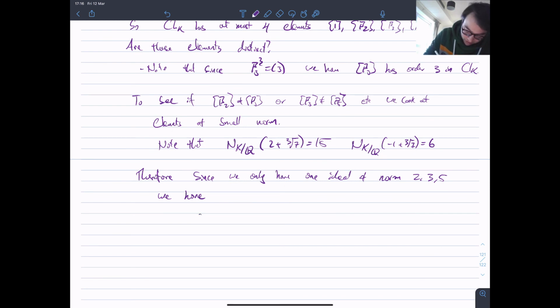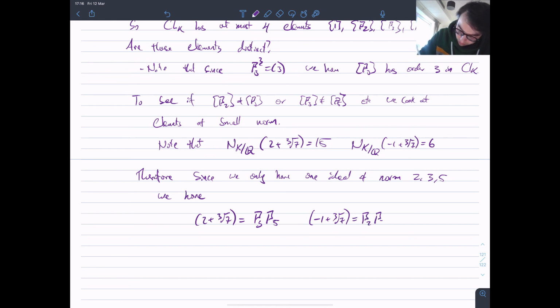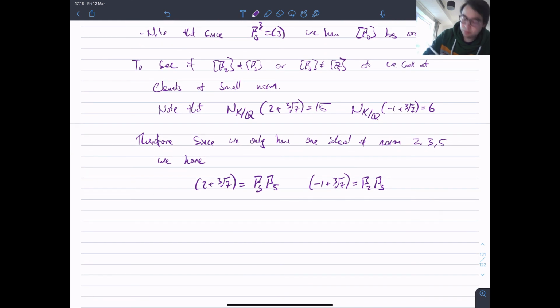What do you get? The ideal that 2 plus cube root of 7 generates has to be P3 times P5, and the other one has to be P2 times P3. So in particular, if I multiply these two ideals, I get a principal ideal. In particular, these two things are inverses in the class group.